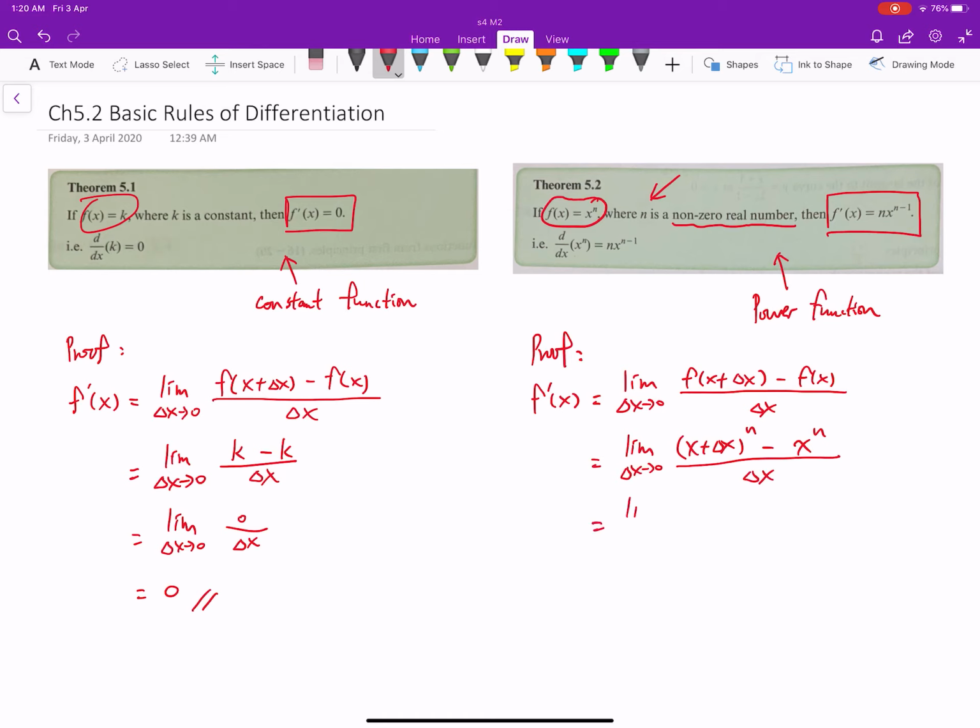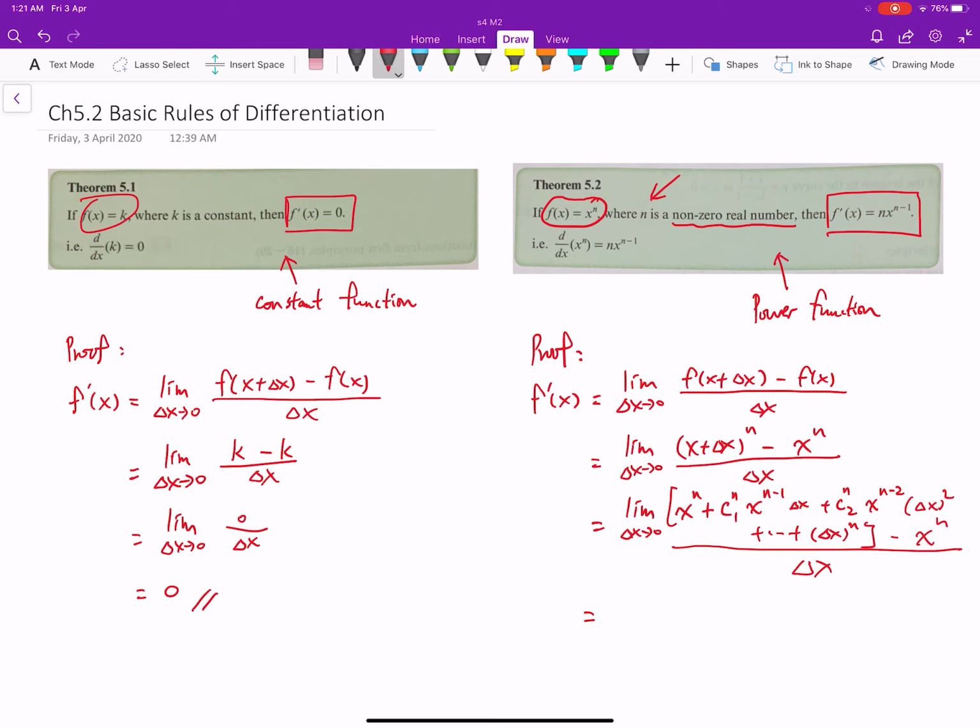For the first term, we use the binomial theorem to expand it: x to the power n plus nC1 x to the power n minus 1 delta x, plus nC2 x to the power n minus 2 delta x squared, and so on up to the last term. So this will be the expansion, and then we minus x to the power n, all over delta x.